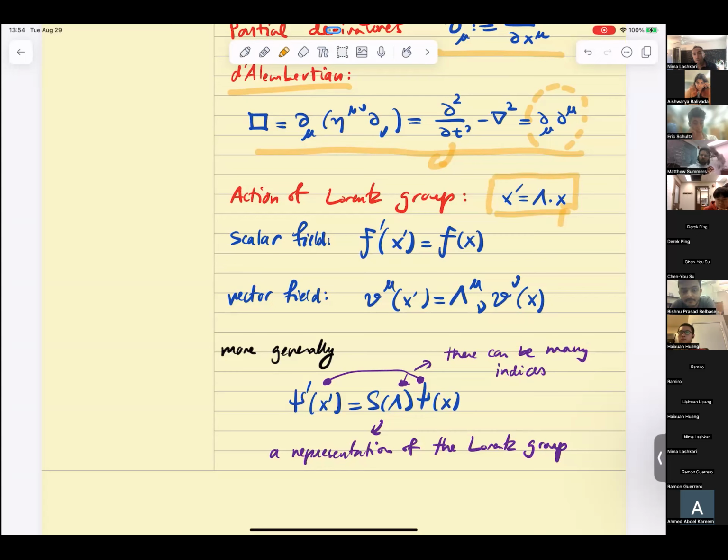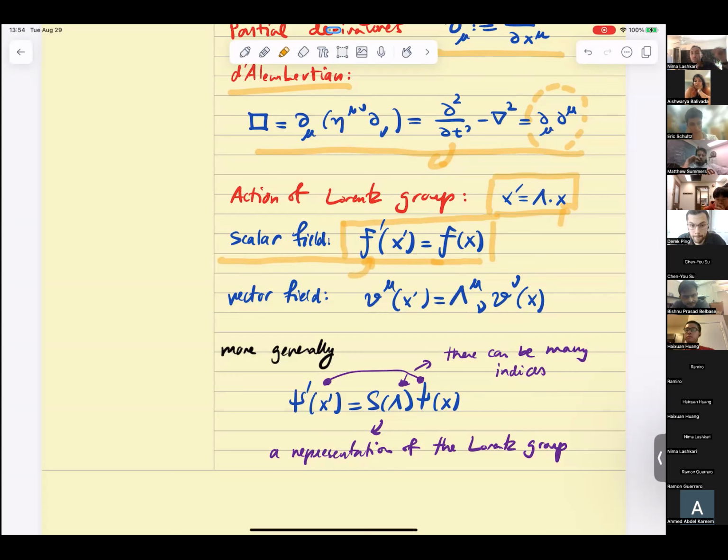Now, how does this act on functions or objects that live on space-time, right? We say a field, so fields that live on space-time. A field is called scalar if under the Lorentz transformation, the new value of it, f prime of x prime, is basically f of x, right?